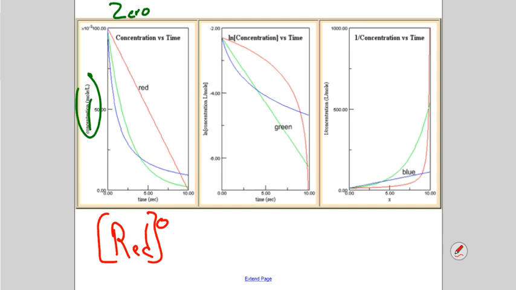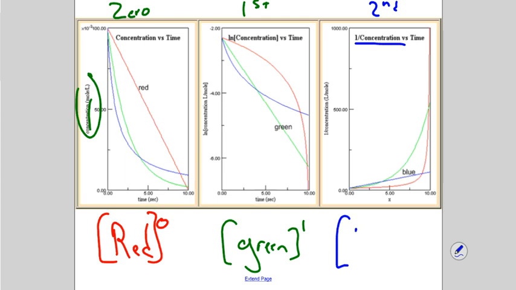If we look at the next one, we have natural log, so this is first order, and that means green, whatever green is, is to the first order. And if we look over here, this is our second order graph because it's 1 over concentration. So the blue line, whatever blue is representing, is to the second order as far as this reactant goes.